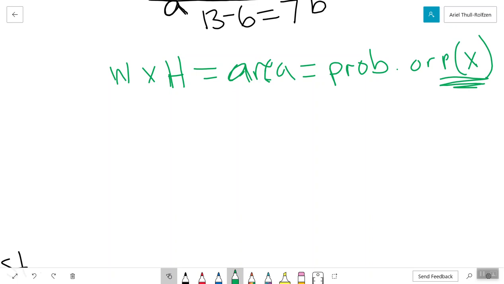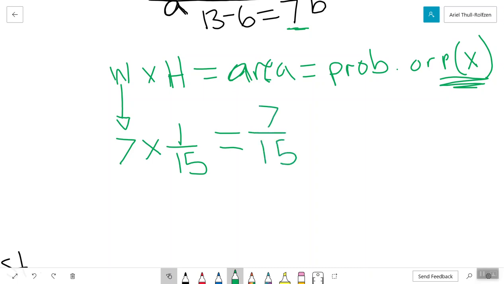So we're going to plug in our values. We found that the width was 7. So 7 times our height, which didn't change, it was the 1/15th, is going to give us 7/15ths, which we're then going to convert to a decimal, because I don't like working with fractions. It's going to be 0.4667.